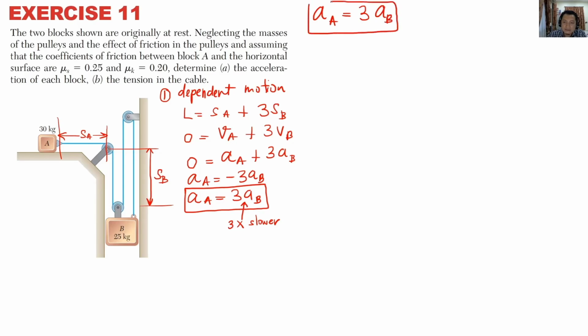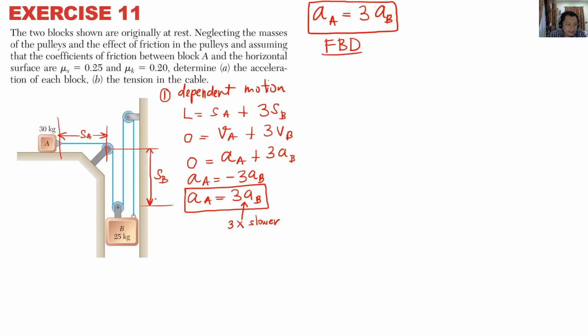This is the dependent motion. Next thing that we should do is, I think we need to clear this thing up. I cannot already. Never mind, maybe you have time, maybe you have space. You cannot clear. Okay, next thing is free body diagram.